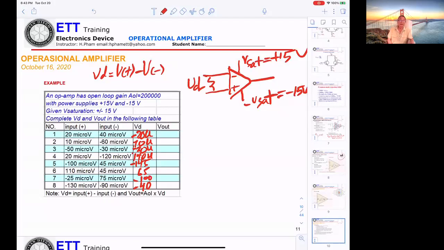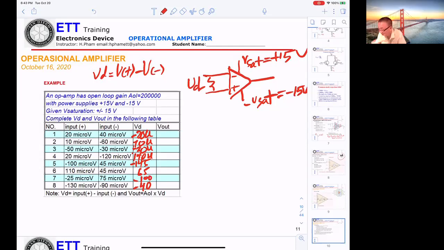Saturation means the output can be either plus V saturate or minus V saturate. In this case, the output can be 15 volts or minus 15 volts. Okay? So we need to do the calculation.